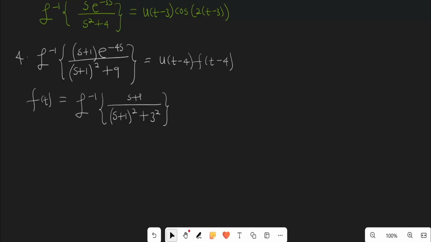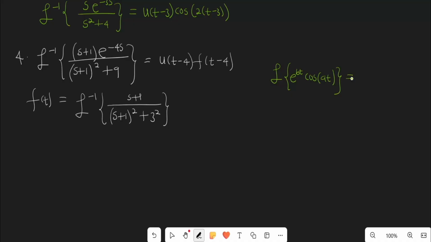So if you can recall, the Laplace transform of this one is like the cosine of something. Cosine because we have s on top here, right? So this one is going to be the cosine of, let's say at, right? But then this one is going to be shifted by a certain number. Let's say this one is going to be bt, like this.